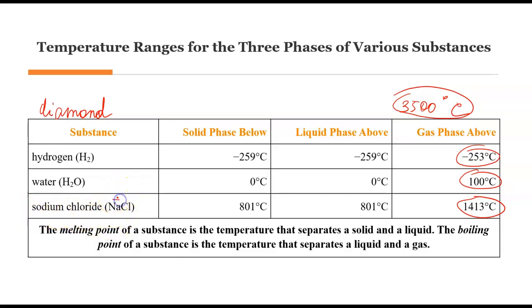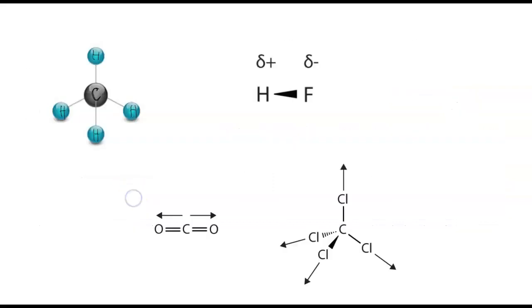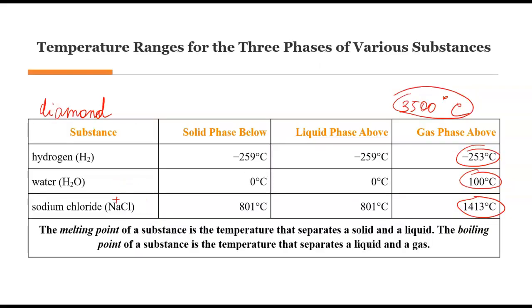So two oppositely charged ions, sodium positively charged and chlorine negatively charged, are strongly attracted to each other. And that's why the temperature to jump from one phase to another phase is pretty high too, right?